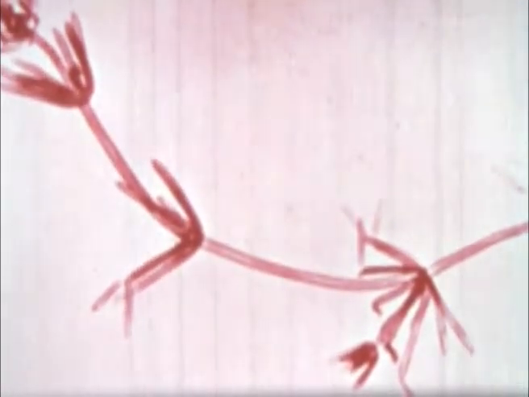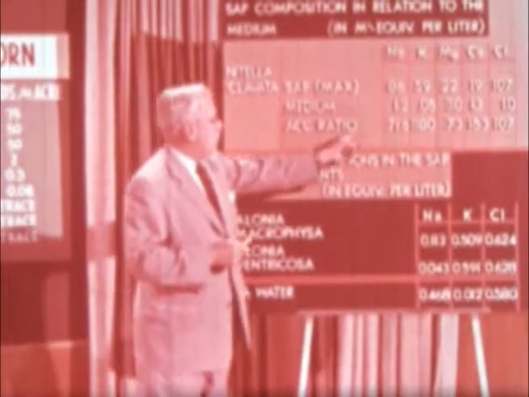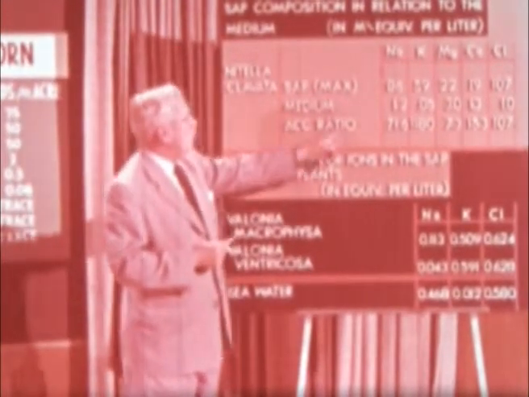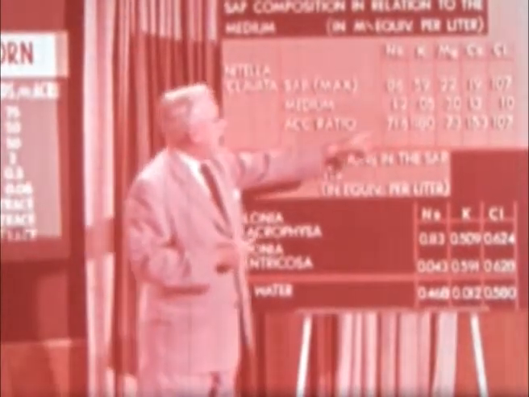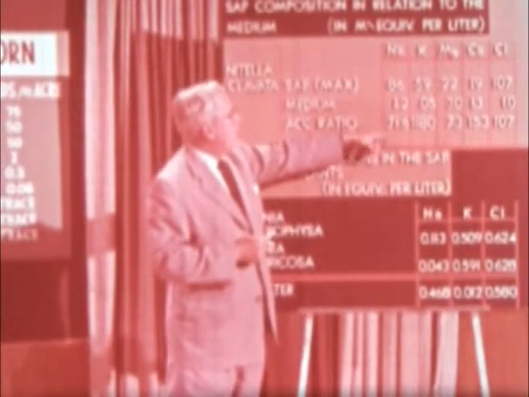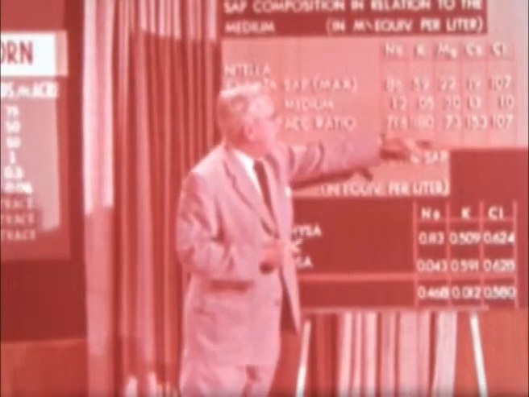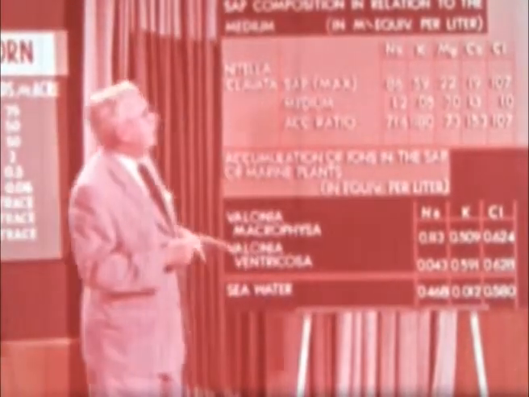The plant Nigella, which grows in a pond, has been useful in this connection, because investigators have analyzed its sap and compared it with the external solution. And this ratio, the so-called accumulation ratio, shows that the Nigella can multiply the concentration of sodium and potassium and chloride very greatly in its sap from that which occurs in the outside solution.